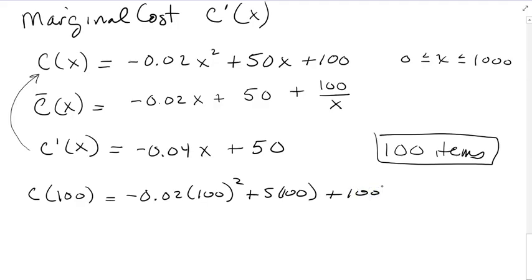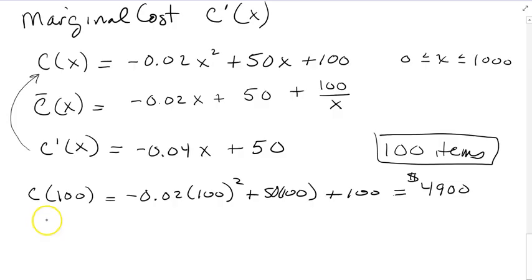All I did is plug in 100. I don't have this one calculated yet, so let me hit pause while we calculate. Okay, so I got that to come out to 4,900. So what does that mean? It costs $4,900 to produce the first 100, all 100.